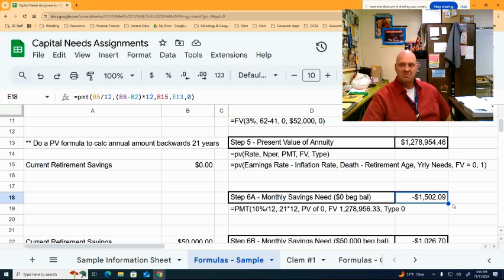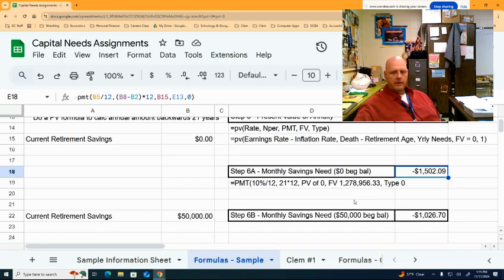That's about $750 a paycheck, and that's not outrageous, but that's a pretty big chunk of change. We have no idea if she can afford that. But I mean, it's doable. Right? It's a doable thing.